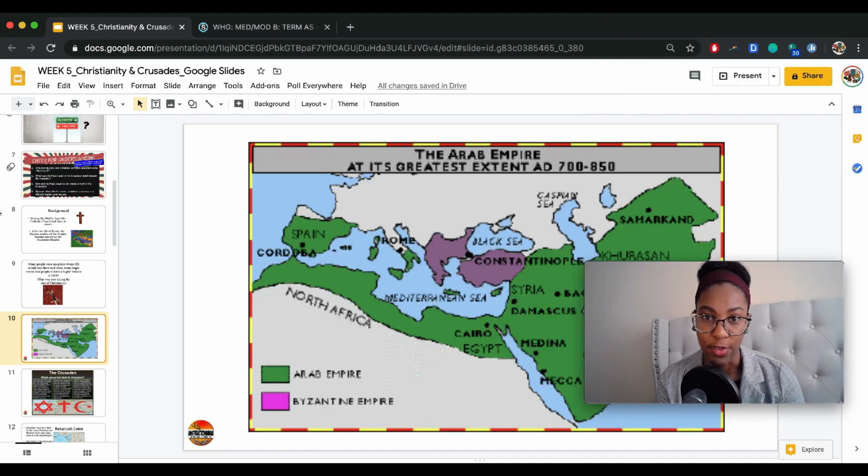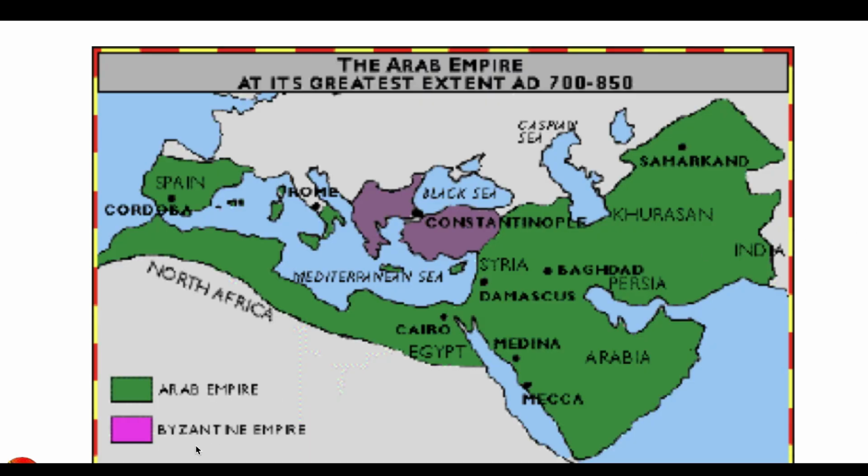Okay, so let's go full screen and take a look at this map. We have the Byzantine Empire here in purple. The capital, Constantinople, named after the old Roman Emperor Constantine. Now keep in mind, this is a Christian-dominated area. But take a look at all this green. Now the green represents an empire that practiced Islam.